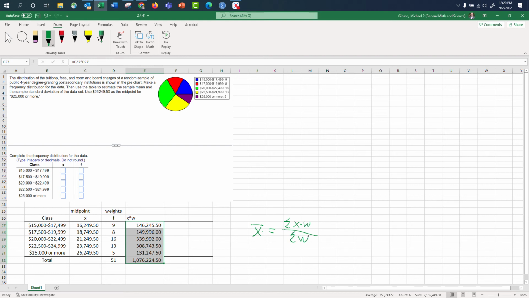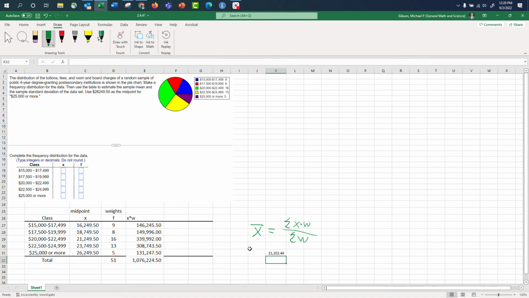So there's the sum of the X's times the W's divided by the sum of the weights, which in this case were the frequencies. So there is our mean. Remember, it's an estimate. That's step one.